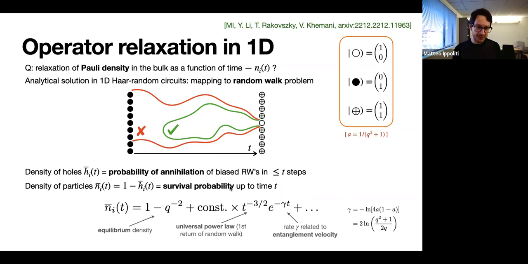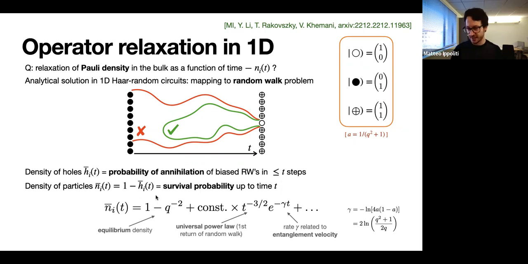And this is a well-known problem, that there are solutions that you can look at. And it turns out for our parameters that indeed we recover the expected asymptotic equilibrium density. This makes sense because these random walkers are biased outside. So if they make it far enough from each other, they're essentially safe. They will never annihilate.